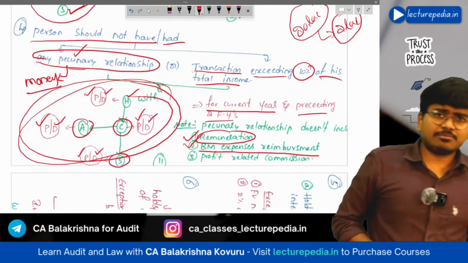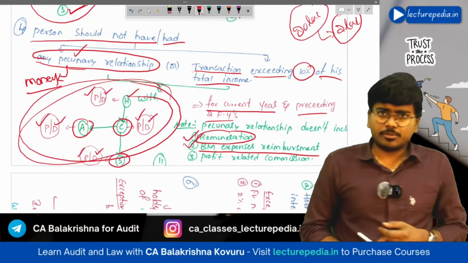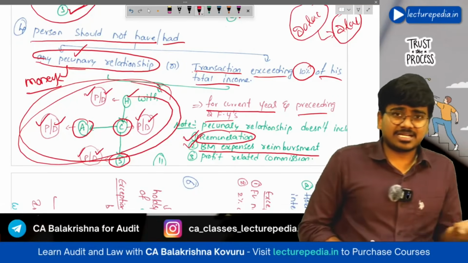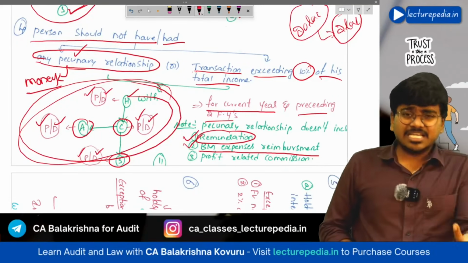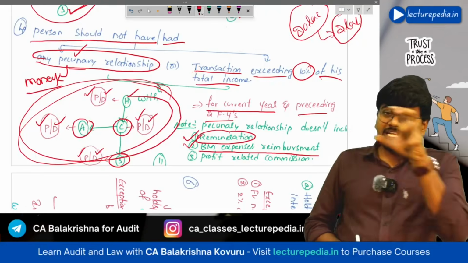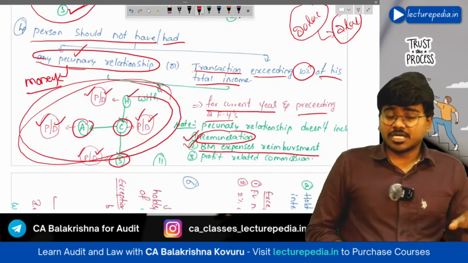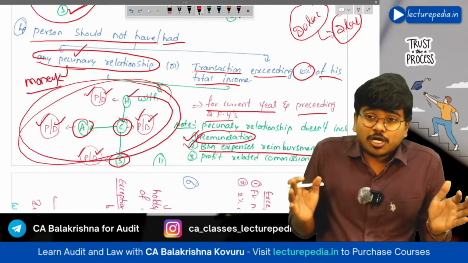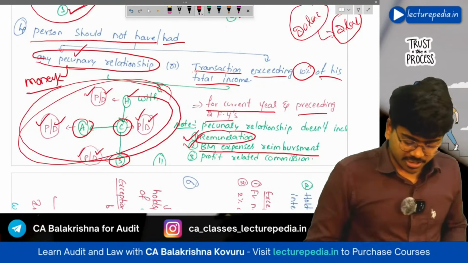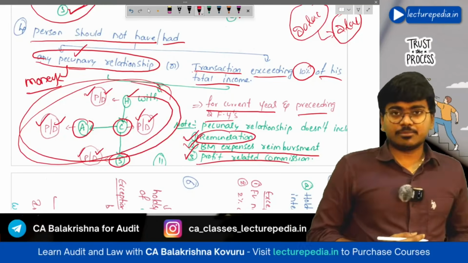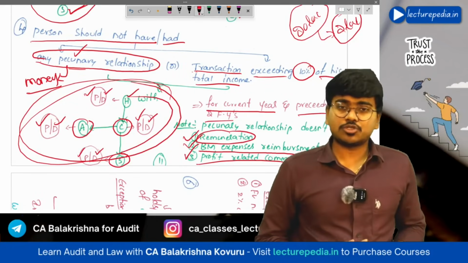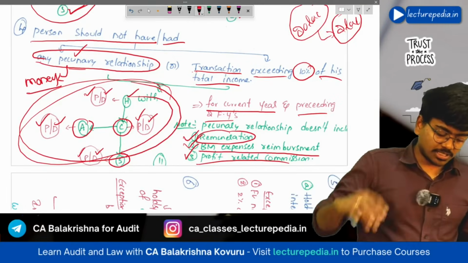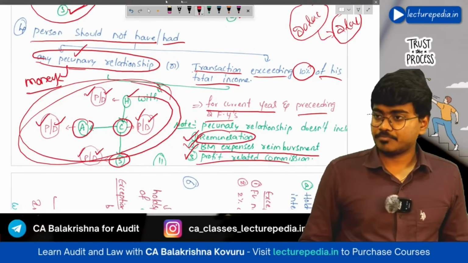Every time the independent director attends a board meeting, he will incur certain traveling charges and expenses. If the company reimburses those expenses to the independent director, even that should not be treated as a pecuniary relationship. Next, profit related commission. If the company gives any profit related commission to the independent director, even that should not be treated as a pecuniary relationship.